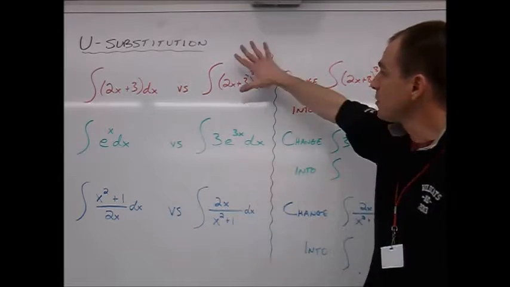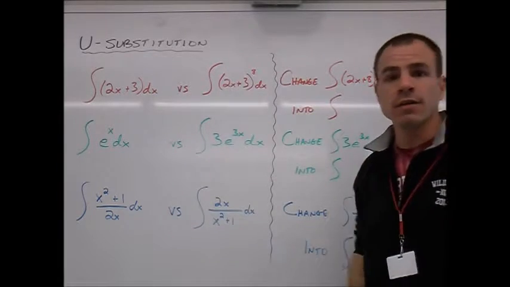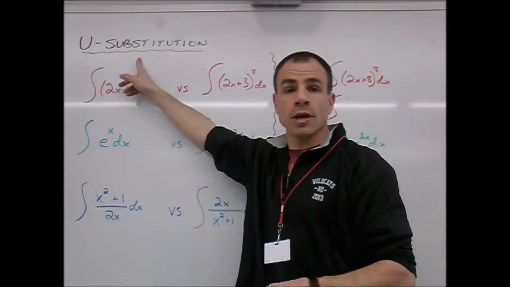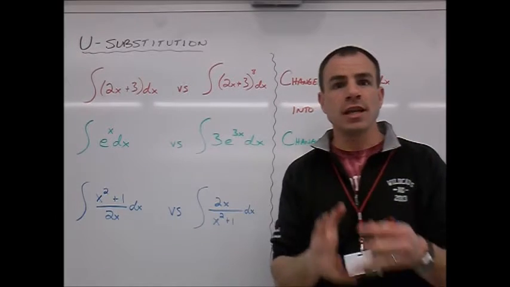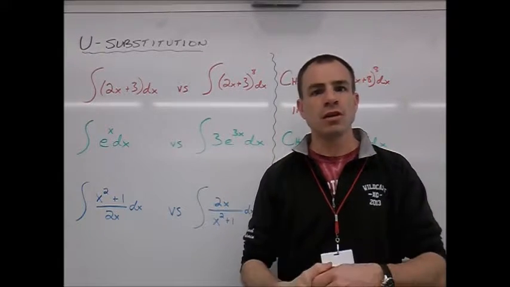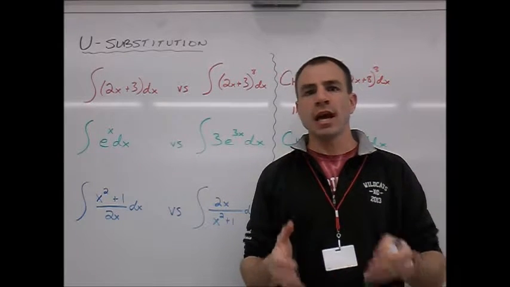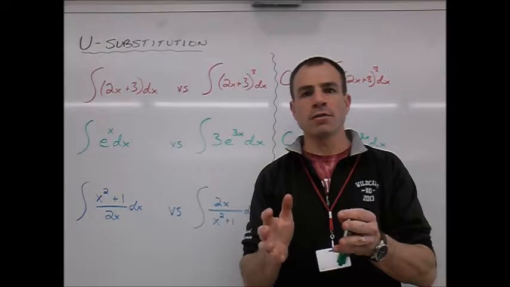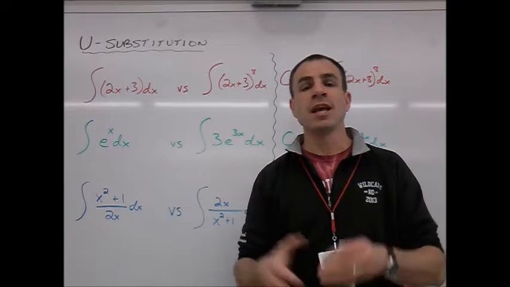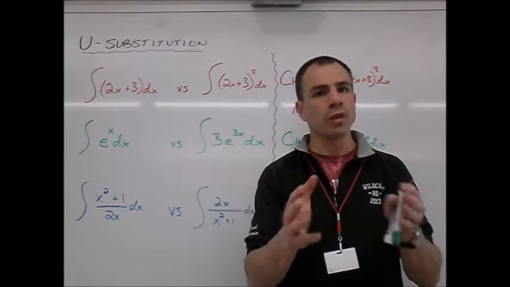Well, the answer to finding the antiderivative of all three of these functions and many more is something called U substitution, and it is connected to the chain rule. If we think about the chain rule back when we did derivatives, we had the derivative of the outer function with the inner function, and then at the very end we took the derivative of the inner function and multiplied the two together.